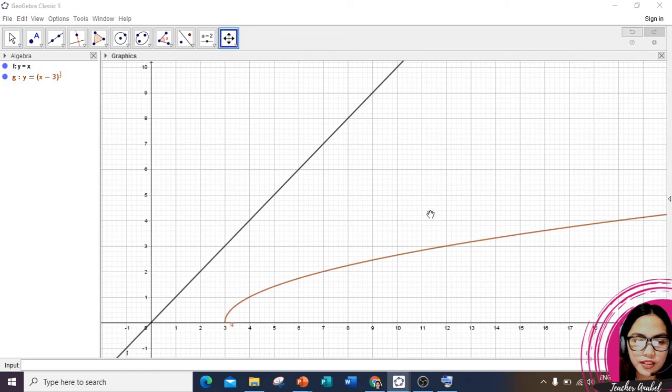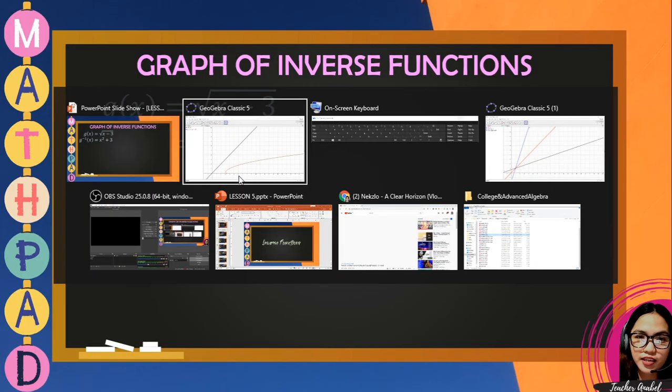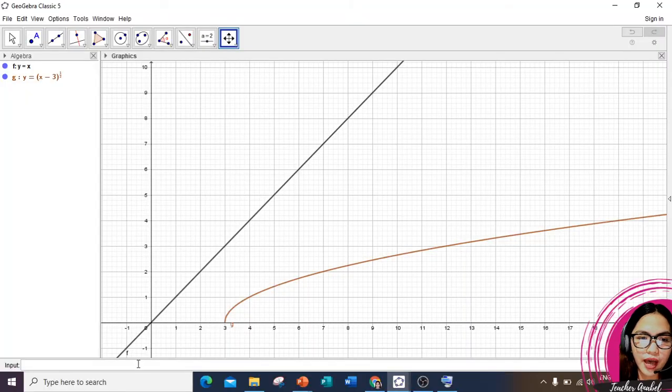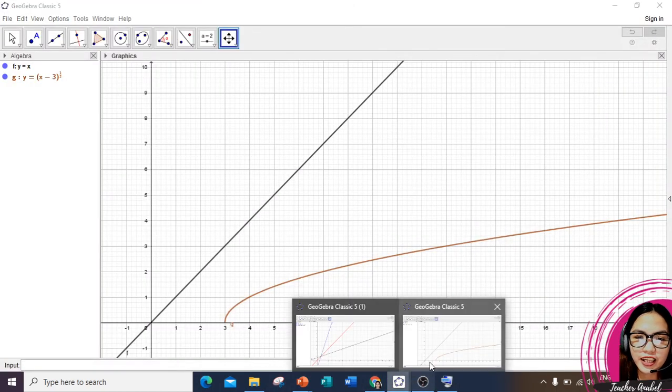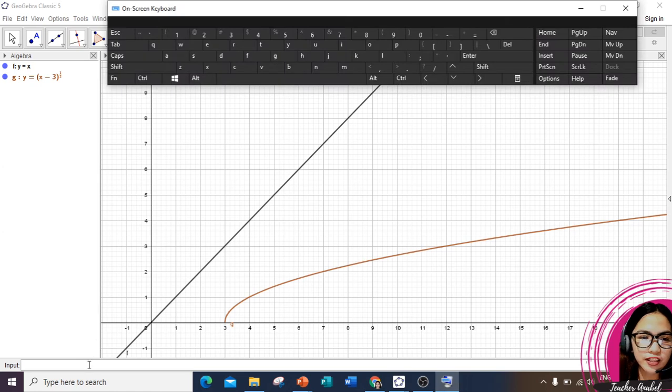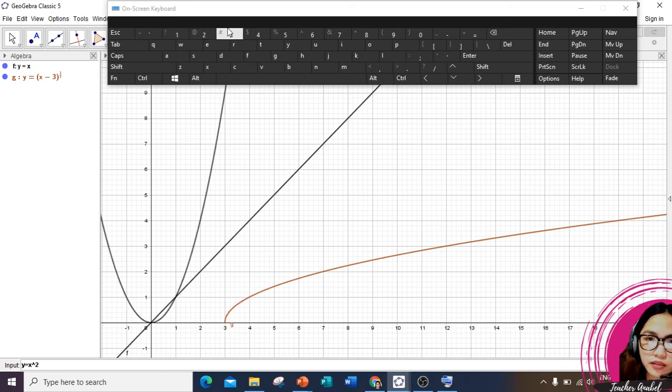Let us have the second one, x squared plus 3. So, we have y equals x raised to 2 plus 3.